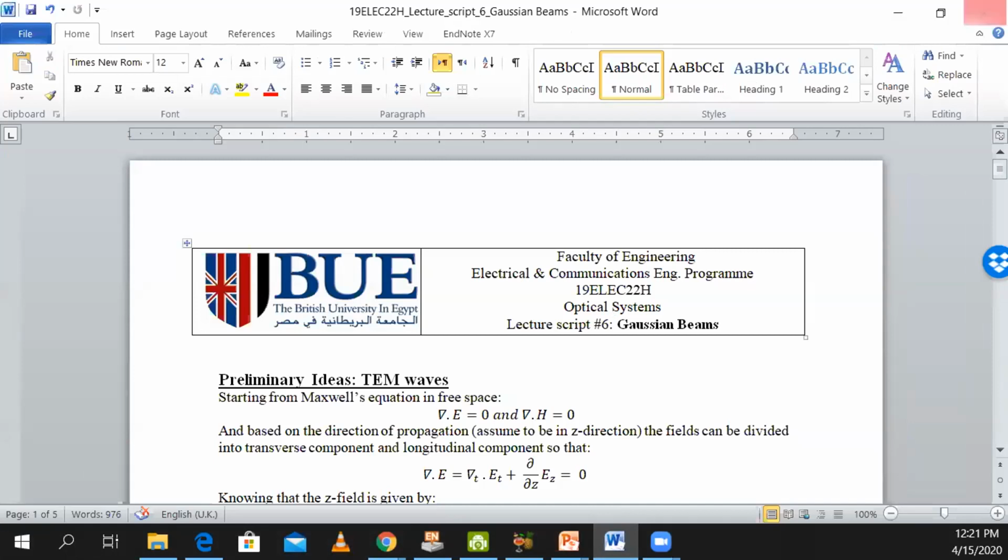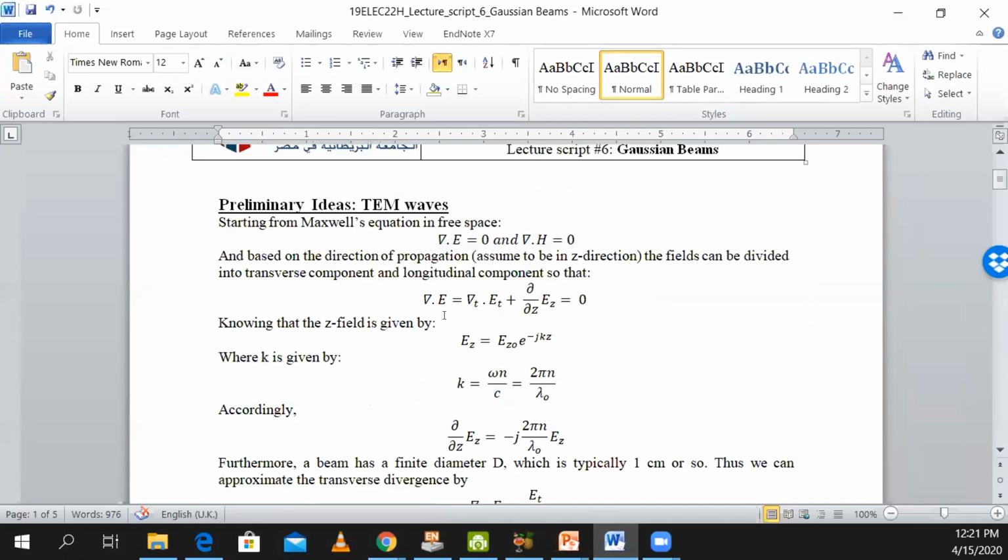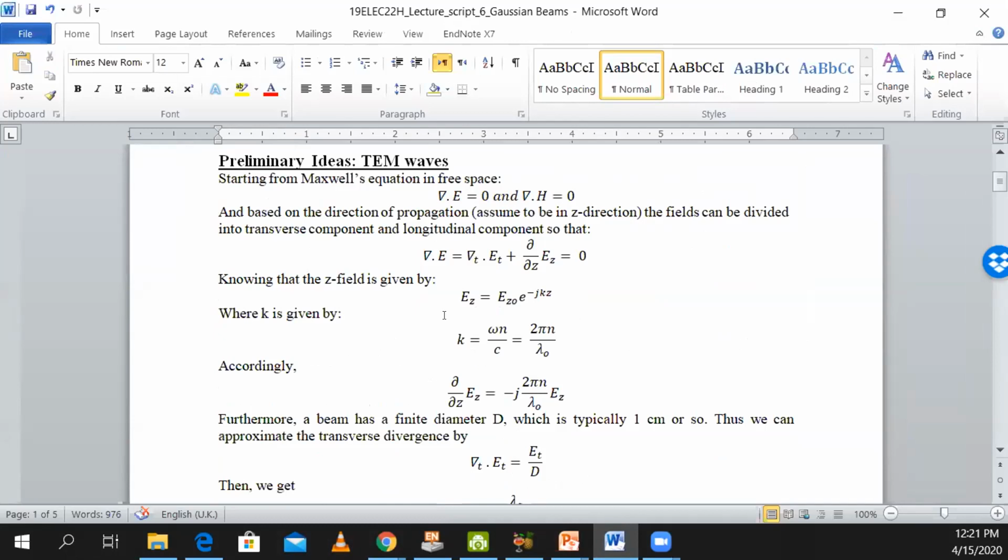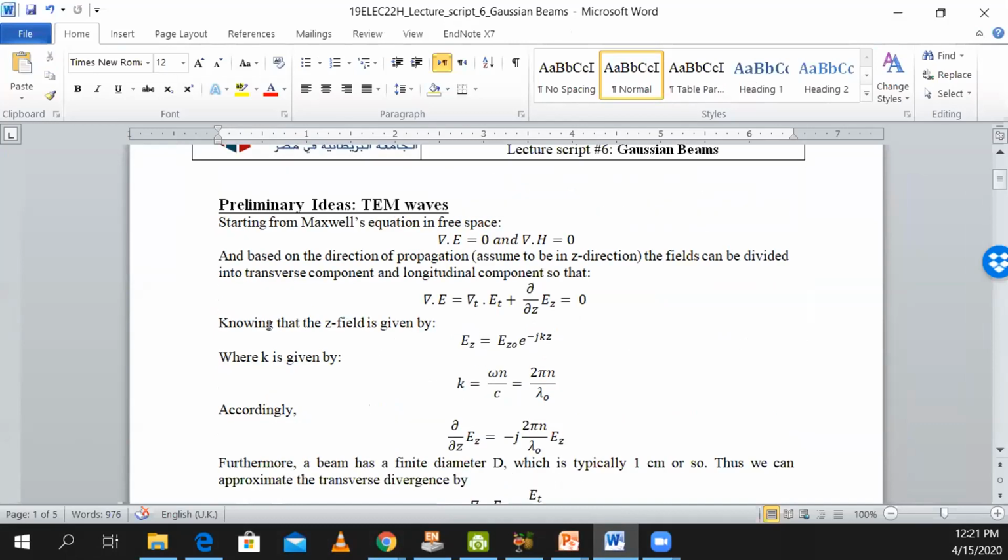I believe you can now see the lecture script. So this is the lecture script. We can use it many times, and also we will use the lecture slide as well. So let's start the lecture, my dear students. Now let's start the Gaussian beams, and I will start with the lecture script.